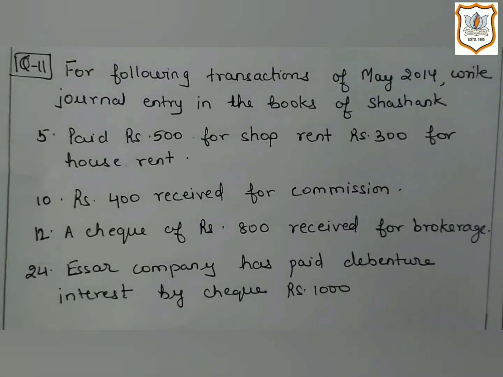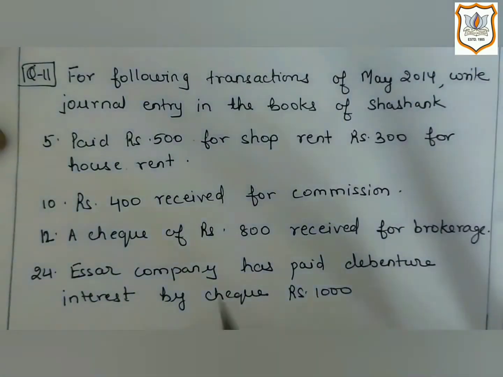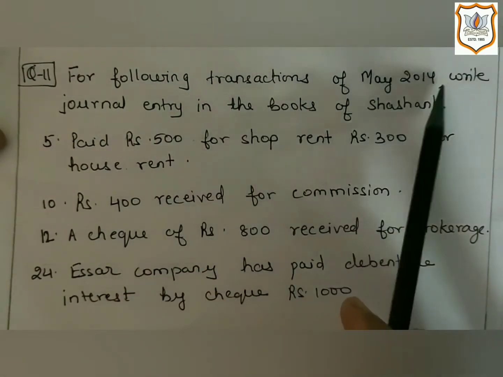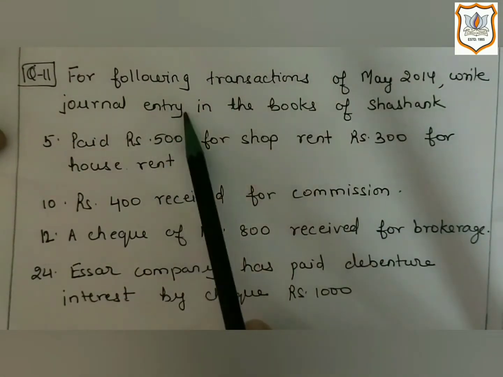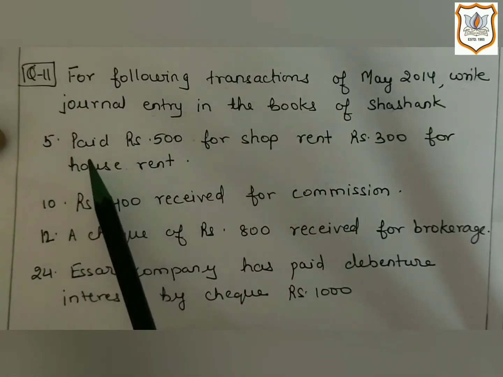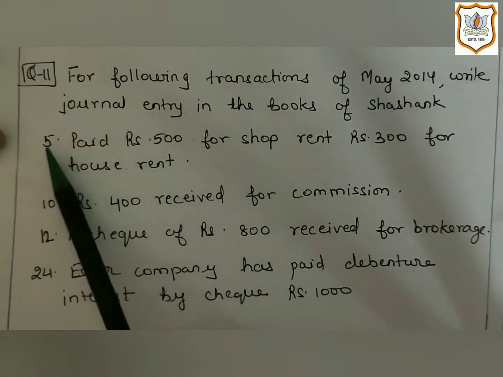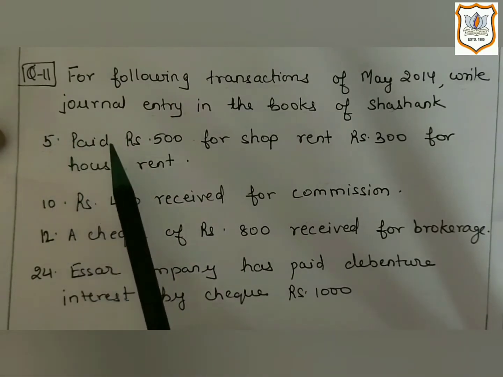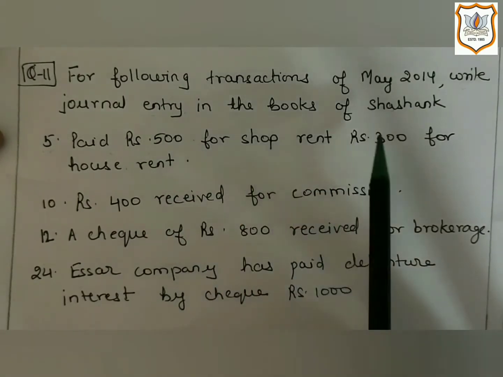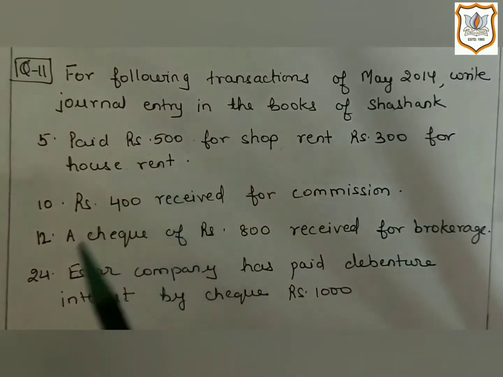Now let us see few transactions from question number 11. Here is the question. For following transactions of May 2014, write journal entry in the books of Shashank. So here I have taken only few transactions. Transaction number 5th. Paid rupees 500 for shop rent, rupees 300 for house rent.